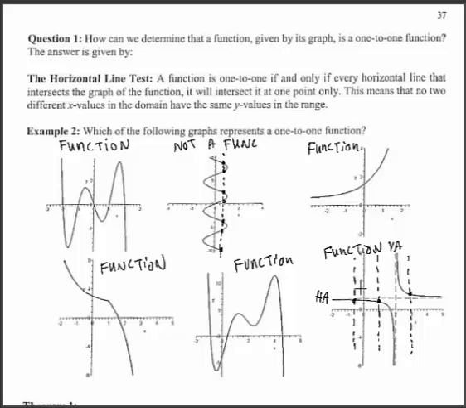But which ones are one-to-one? Very simple. Now I just use a horizontal line test with the same rule as I had for the vertical line test. Here's a function, and it's easy to spot a location along the y-axis where I hit the function more than once. So we would say this is not one to one.